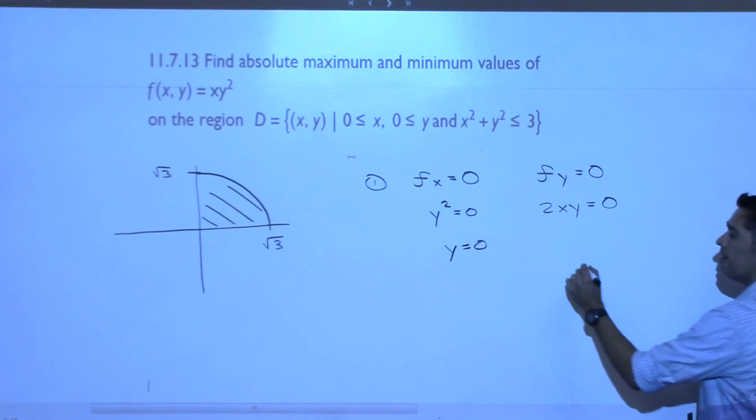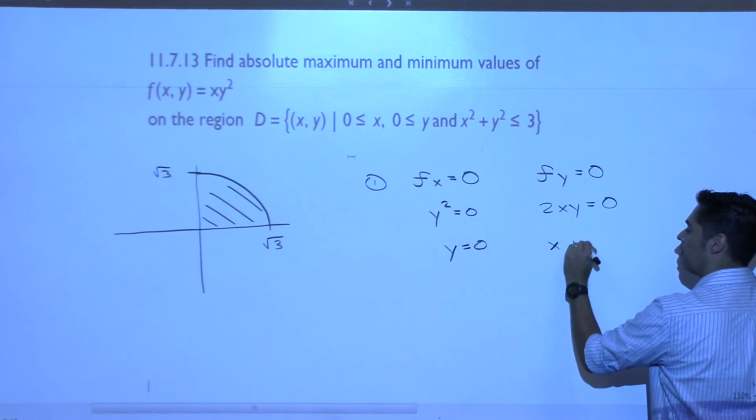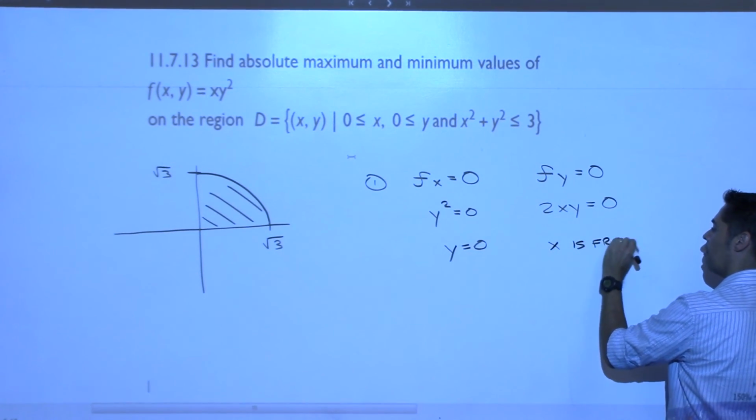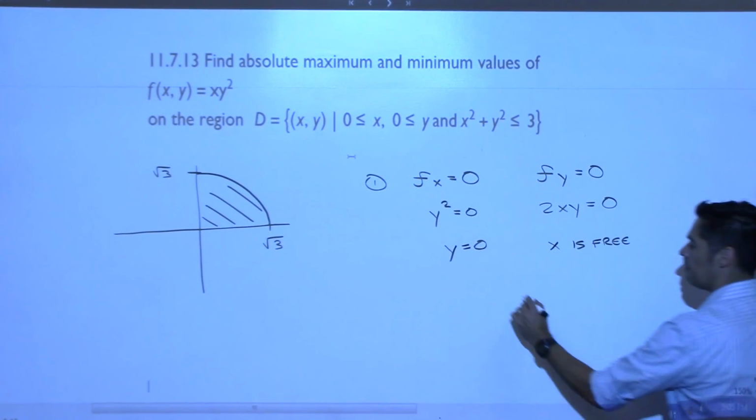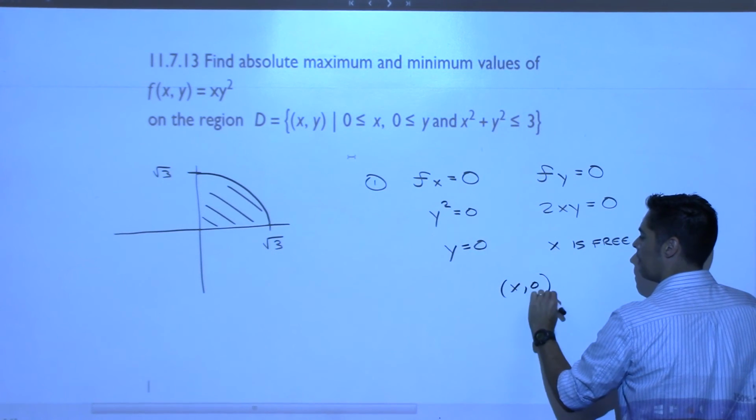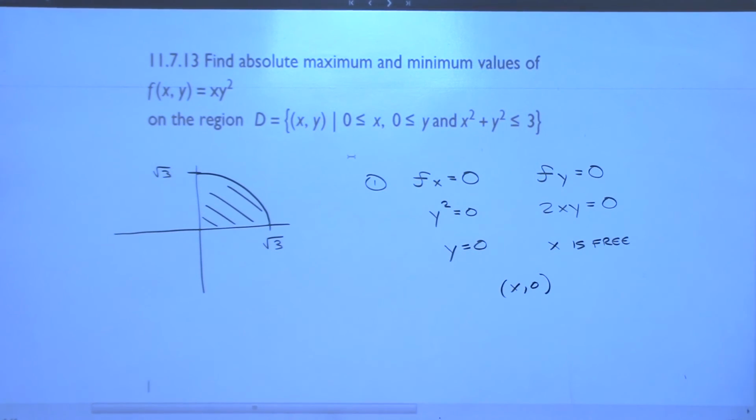So we actually have x is free. Call it a free variable. It's free to be whatever it wants to be. So we have an infinite number of points that satisfy this, don't we? They all look like this. Do you agree? Any point that looks like this will satisfy these two equations.